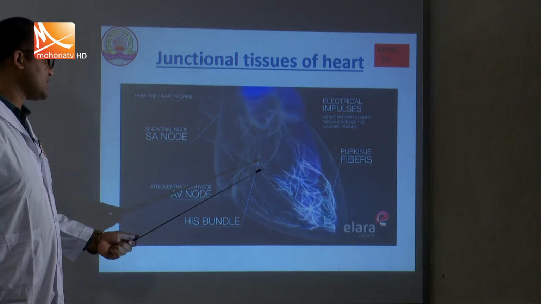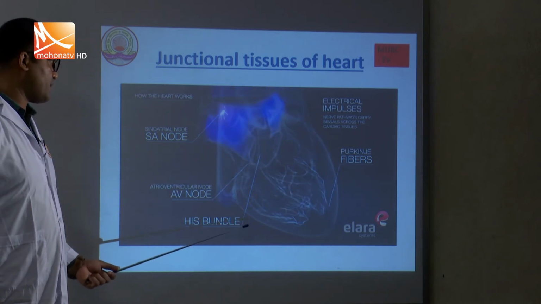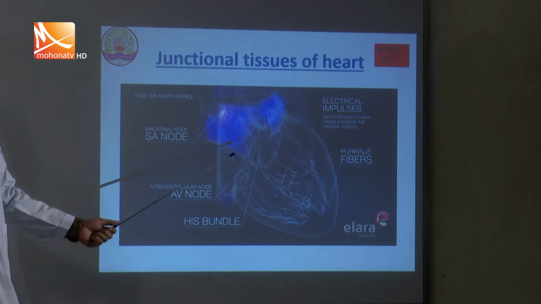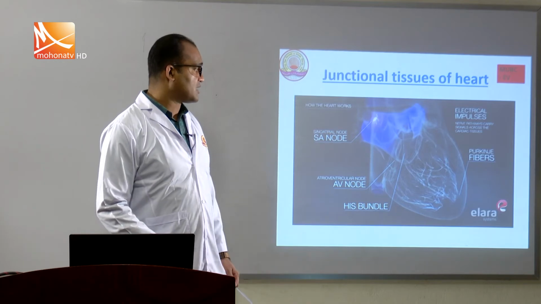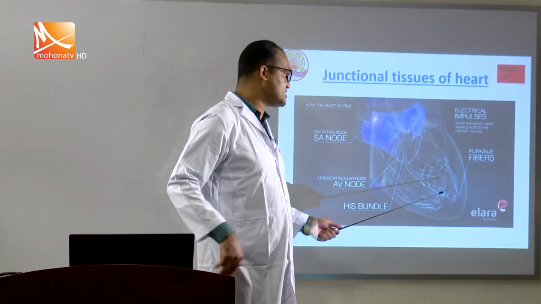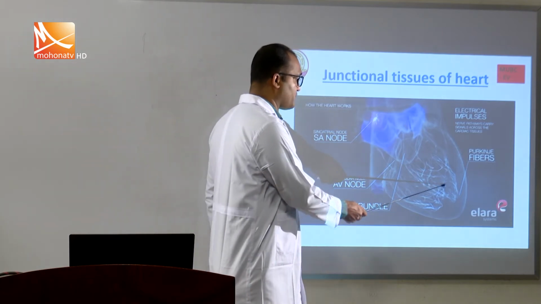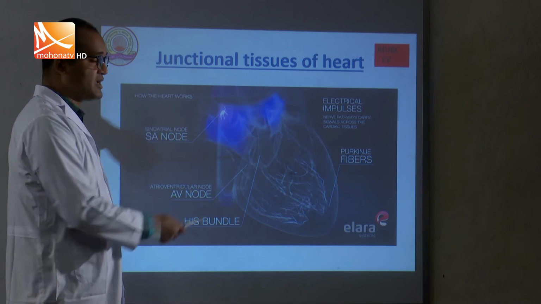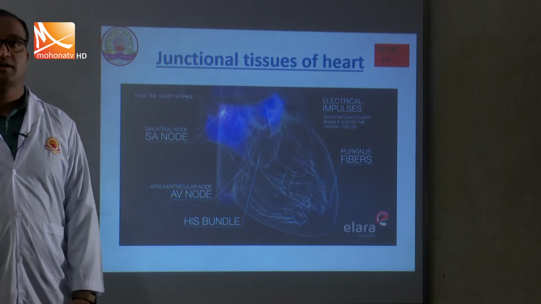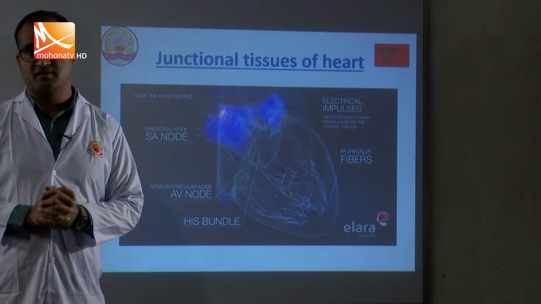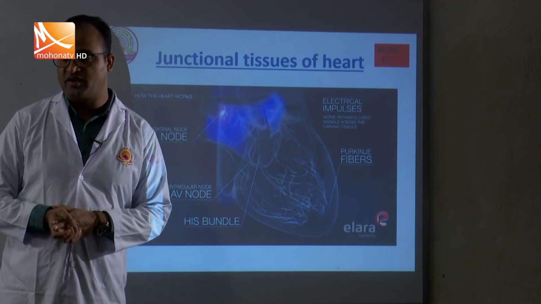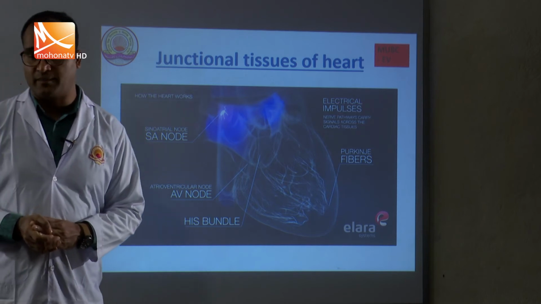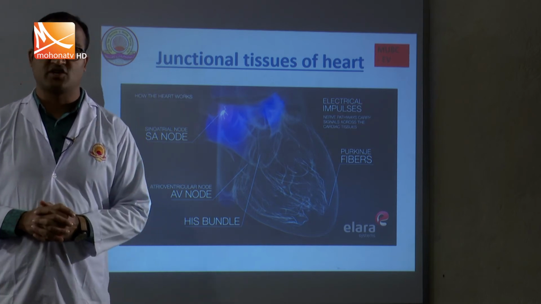Number three is the His bundle, which receives the electrical signal from the AV node. The last one is the Purkinje fibers, which branch into the apex of the heart and receive the electrical signal from the His bundle. As a result, the human heart contracts. So the contraction and relaxation process is completed by these electrical nodes, called the junctional tissues.